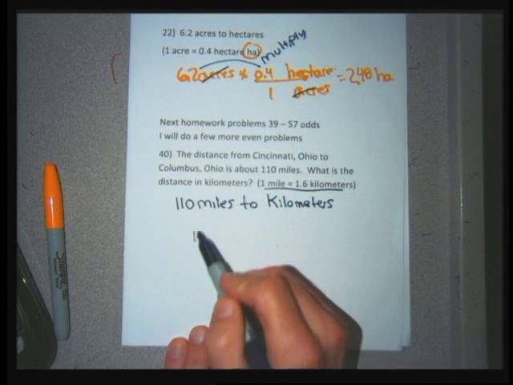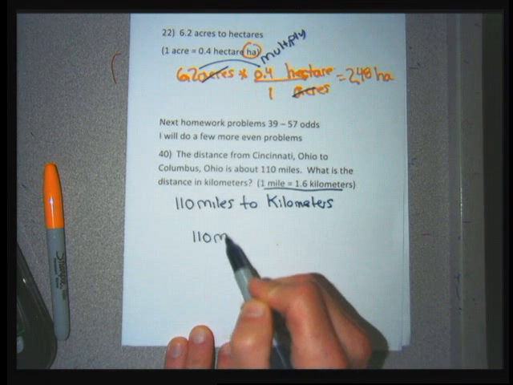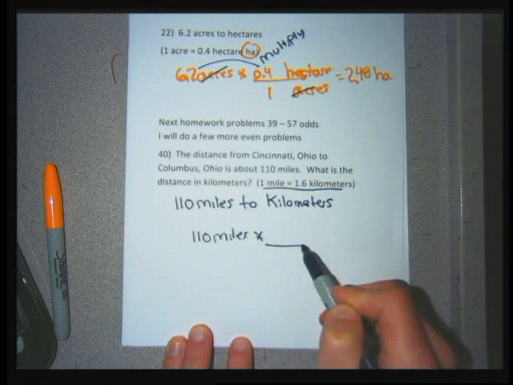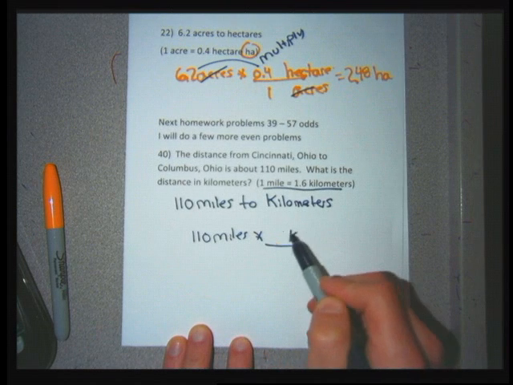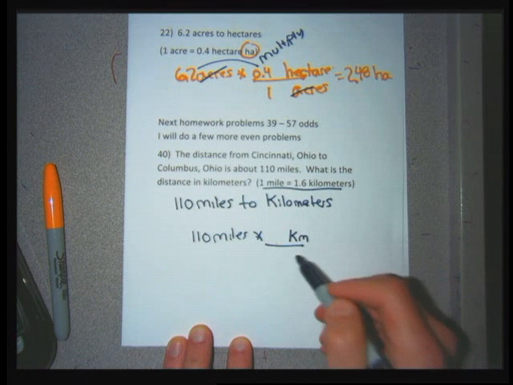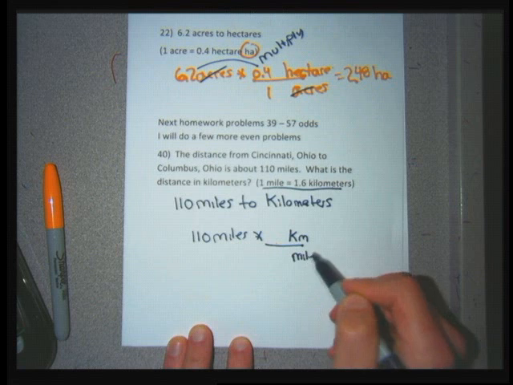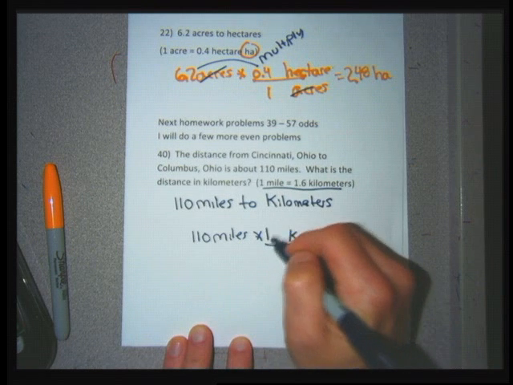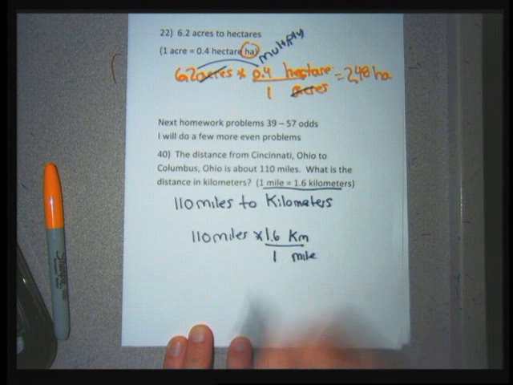So I'm going to take the 110 miles that was given, and I'm going to multiply. In the numerator, I'm going to write what I want. I want kilometers. I can write km for kilometers. I can write the word kilometers out. In the denominator, I'm going to put what I have. I have miles, and I'm going to use the units. That 1.6 kilometers is 1 mile.